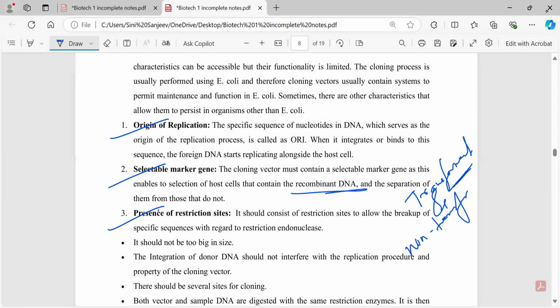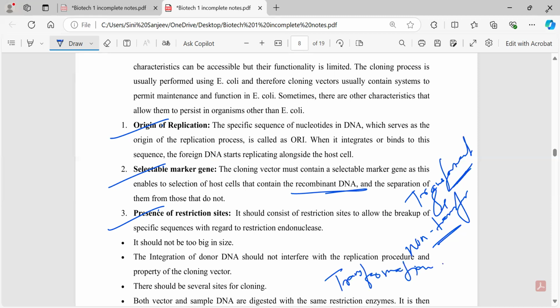Recombinant DNA is for the transformant, and non-transformant means non-recombinant DNA. So if you use a selectable marker, you can identify and eliminate the non-transformant as well as the transformant DNA, right? The process of doing so is called what? Transformation.